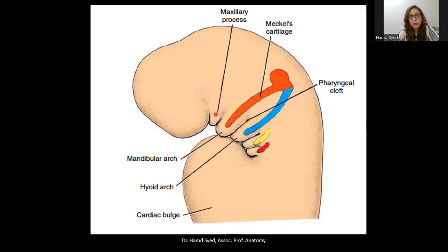So the maxillary nerve will supply the maxillary process, and the mandibular branch of the trigeminal nerve will supply the mandibular process of the first pharyngeal arch, respectively. Also within this mandibular process appears a cartilage which is known as Meckel's cartilage. This appears temporarily, it will eventually disappear. Then you can see the 2nd pharyngeal arch, which is also known as the hyoid arch, and the 3rd, and so forth.